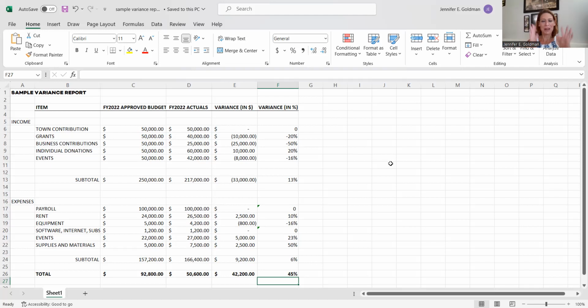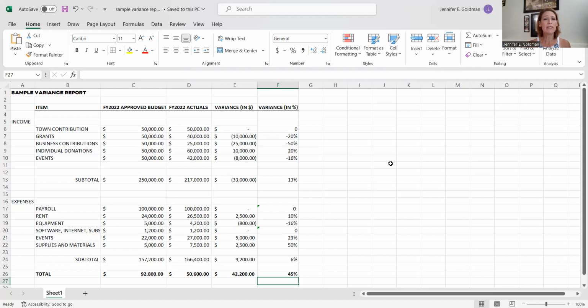That $100 variance, I'm not even going to try to do the math in my head, but it's much less significant at that point. So we want to see the significance in what we brought in compared to what we had planned to bring in and what we plan to expend. You'll see that I put the dollar figures there too, because some people do like working that way. I prefer the percentages. You can do either or, you can put in both like you see here.